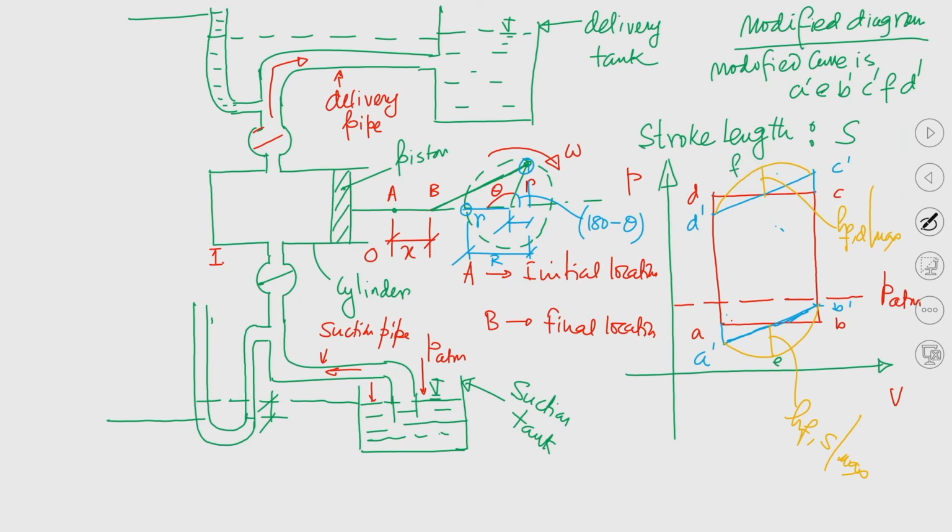So, this point is F and this point is E. So, the modified curve is A prime, E, B prime, C prime, F, D prime. Okay.